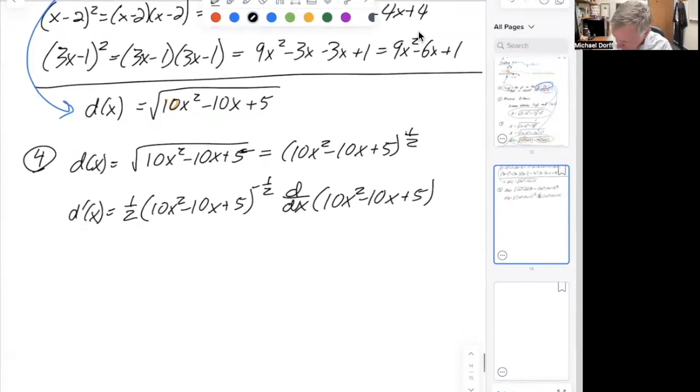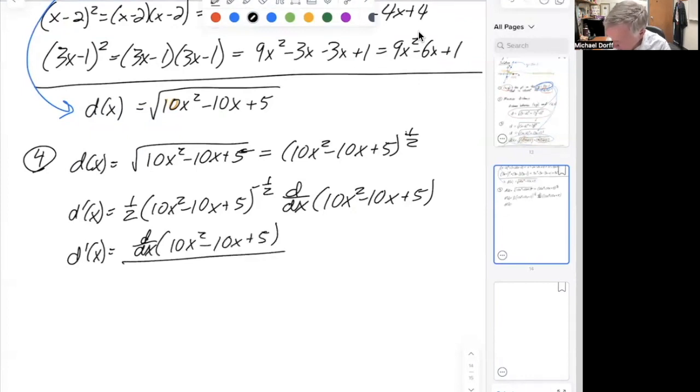So if I rewrite that, I get the derivative of 10x squared minus 10x plus 5 over 2 times the square root of 10x squared minus 10x plus 5. Now, because we're finding the critical number, we want to set this equal to 0. When that happens, what becomes important?